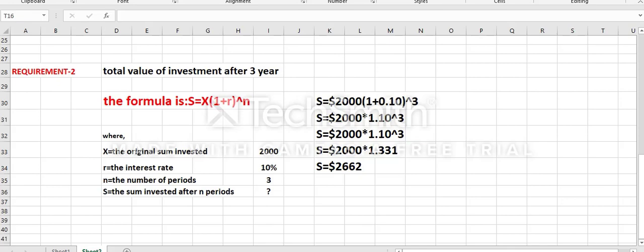So we have to find the sum invested after n periods. We just put all this information into the formula to find the total investment after 3 years, and your answer will be 2662.